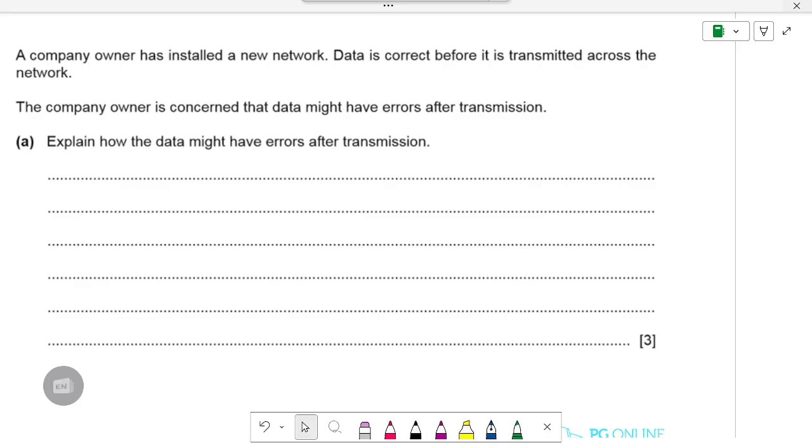Okay, explain what is a type of error that can happen when we send data. What can happen to some of the binary numbers? Let's write our answers. Tell me what can happen.